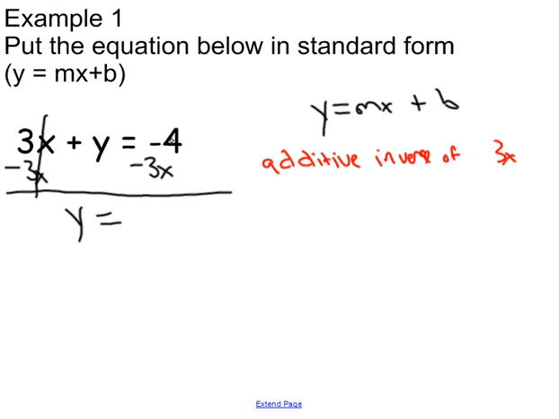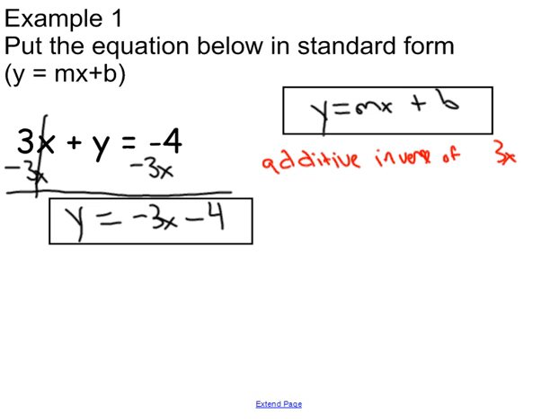So we're going to write this as negative 3x minus 4. And you see how now it looks like y equals mx plus b form? That was our goal. We wanted this equation in that form, and we got it by using inverse operations.